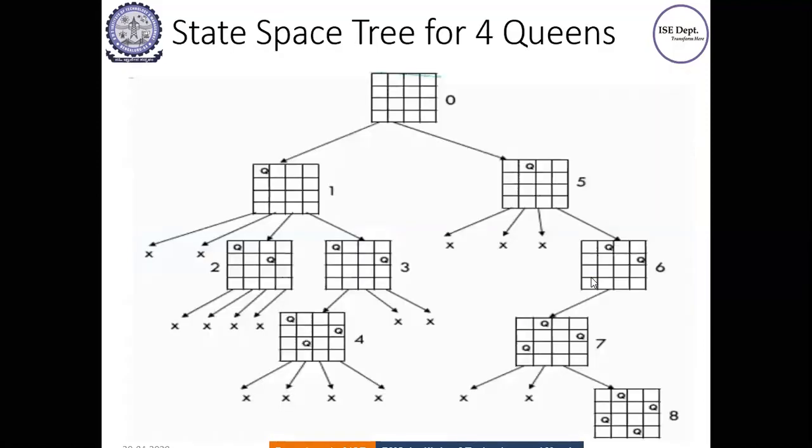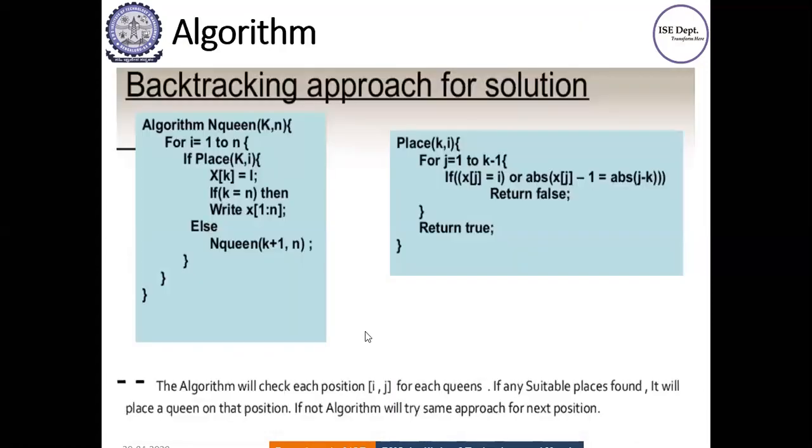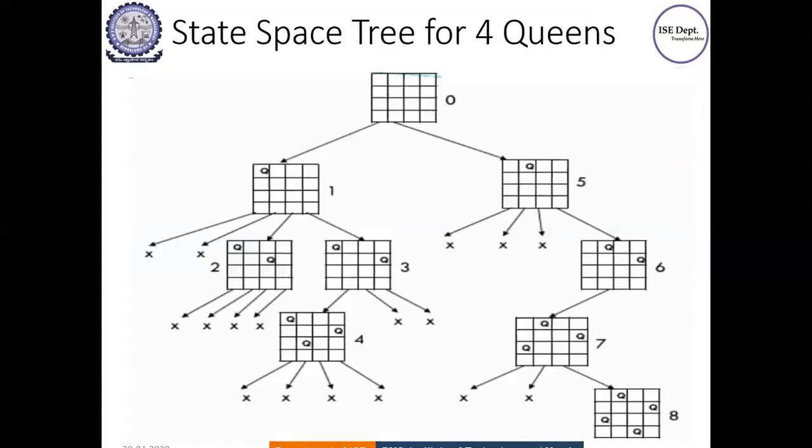Okay, so as I already told, let us take an example of a 4 cross 4 matrix, which means the 4 queen problem, because we have considered 4 queens. Here, each and every row indicates a queen.